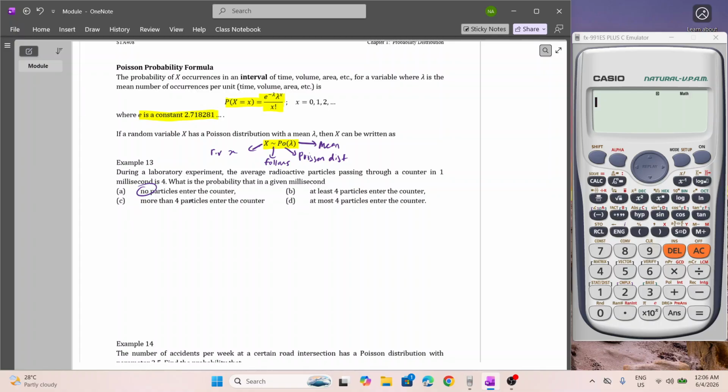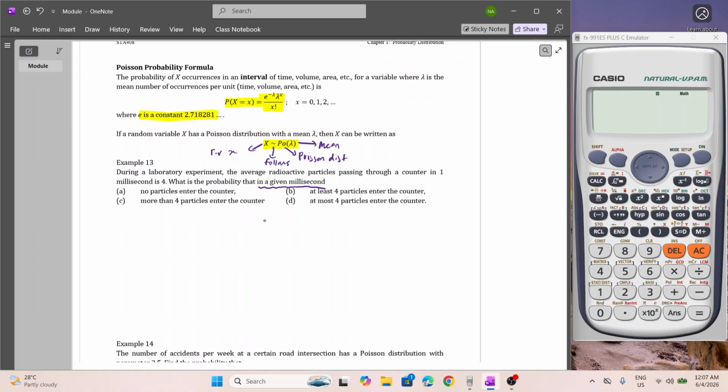And from the question, if you notice, it says in a given millisecond, which means that the constraint for the radioactive particles is in milliseconds. So when reading the question, you should be able to differentiate for this type of problem which one is more suitable, binomial or Poisson.